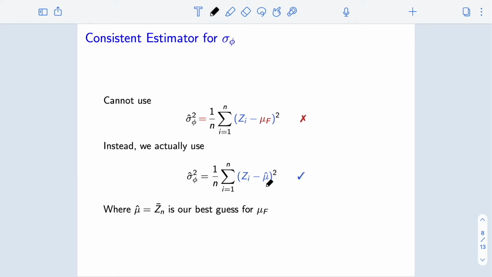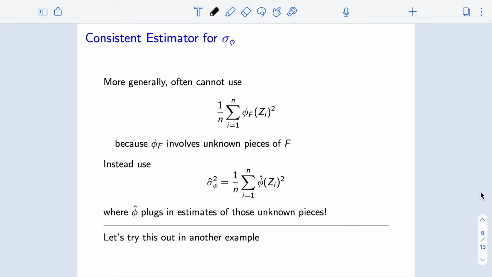And in this case, the best estimate might be mu hat equals the sample mean, z bar n. And again, this is actually an estimator that we can calculate. It's only a function of the data. And in fact, we have shown that this estimator is consistent for sigma squared phi. And so if we take the square root of this estimator, that will be consistent for sigma phi.